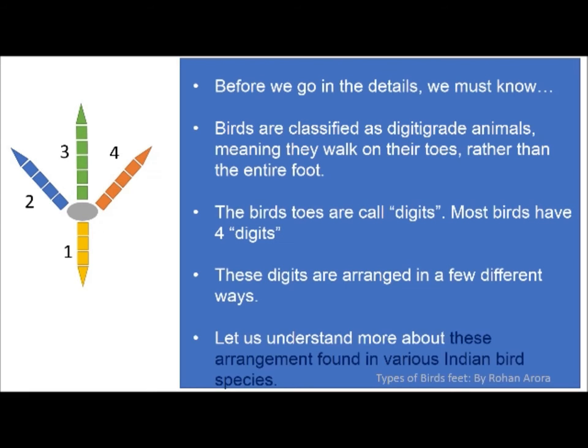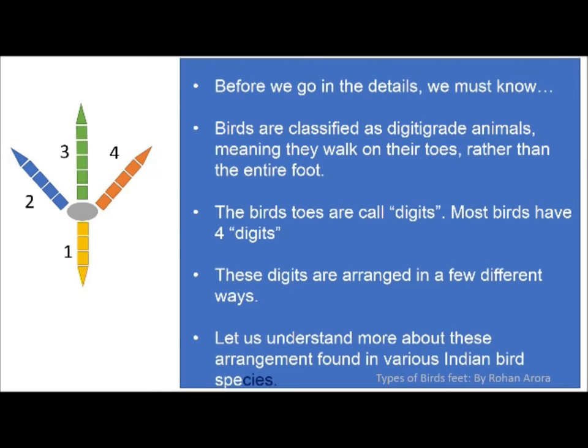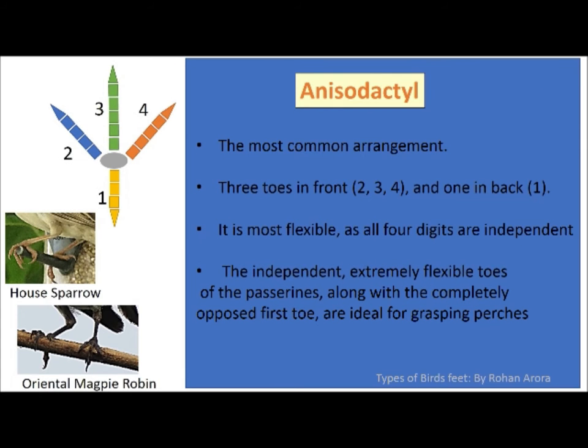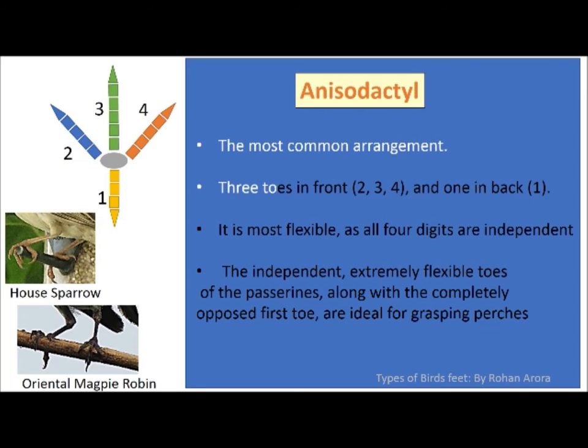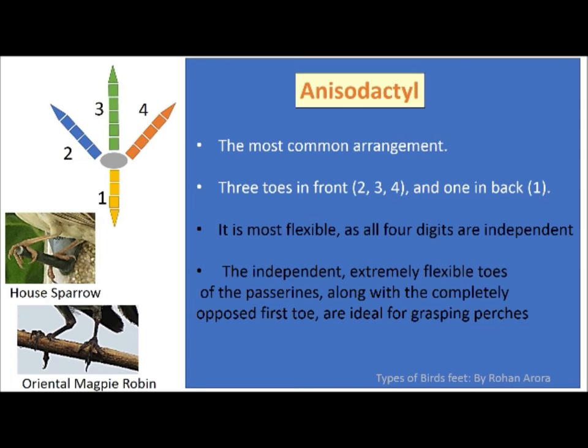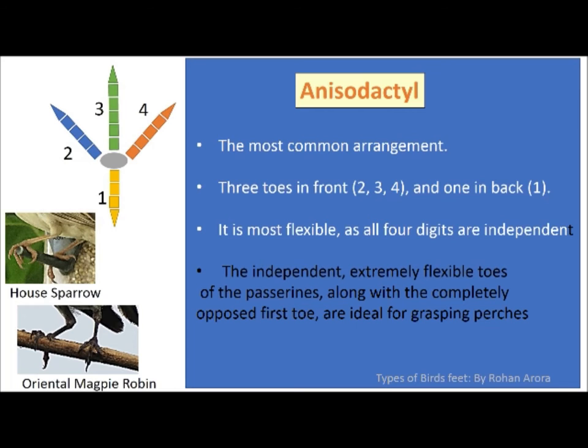Let us understand more about this arrangement found in various Indian bird species. Anisodactyl. This is the most common arrangement. 3 toes in the front, marked as 2, 3, 4, and 1 at the back, marked as 1. It is the most flexible as all 4 digits are independent.